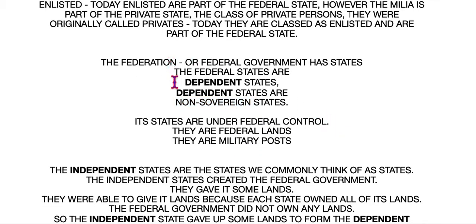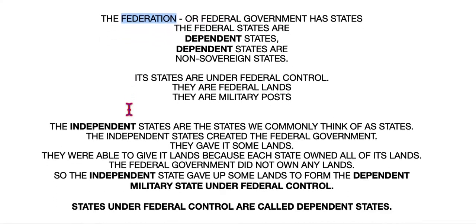So the states that the federal government creates are under federal control. That's the military. You have the seat and you have the military posts. They are federal lands. They are federal military posts under federal control, being the seat.